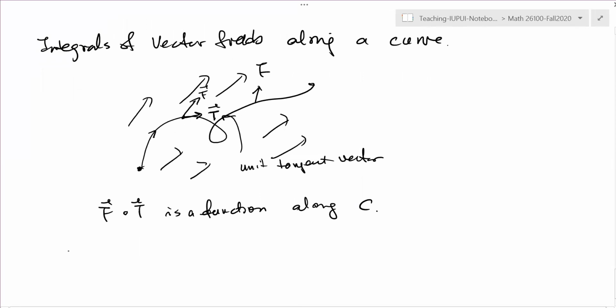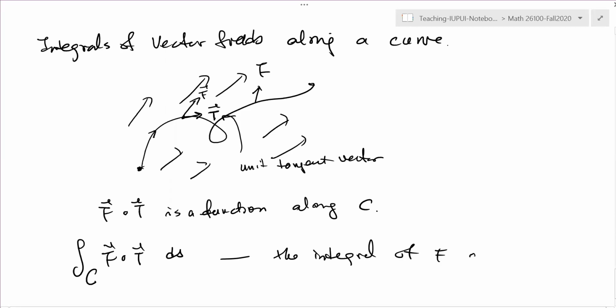So then you have the integral over C of F dot T ds. That's called the integral of F along the curve, the integral of F around C.